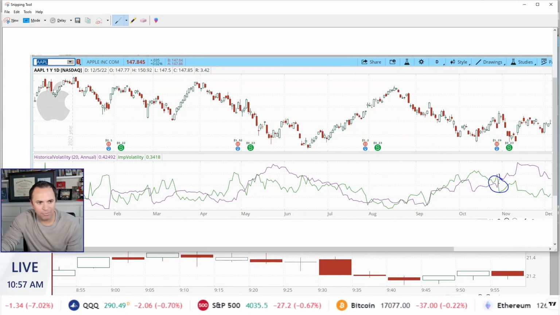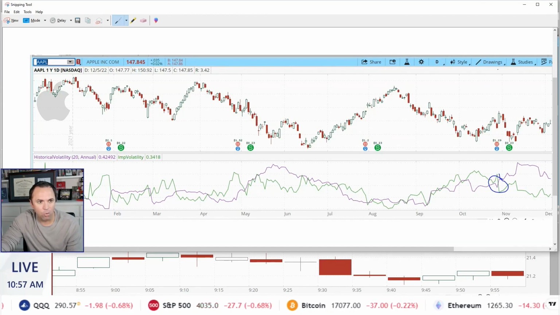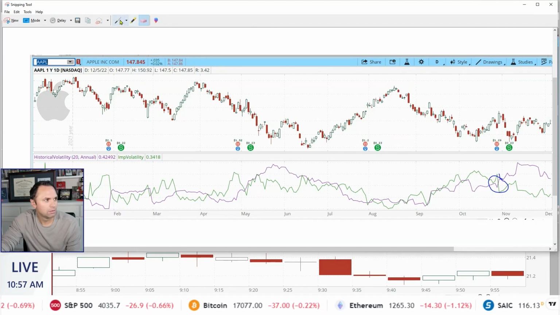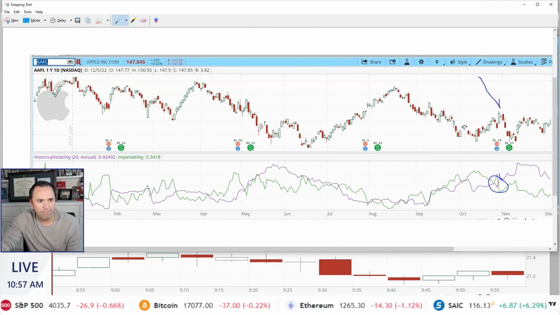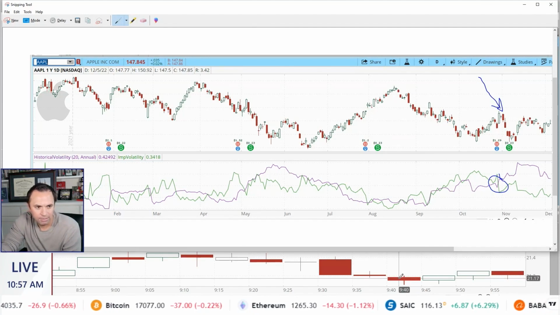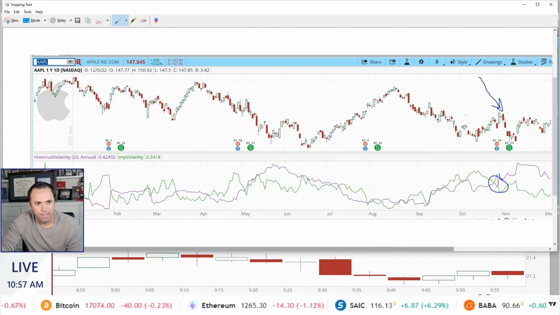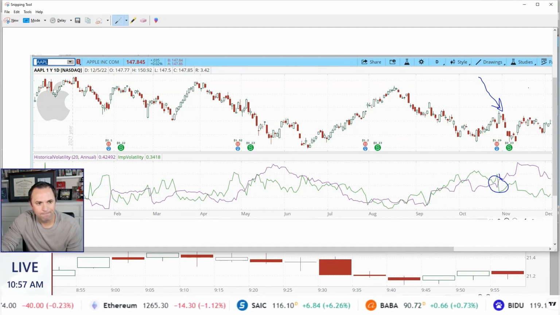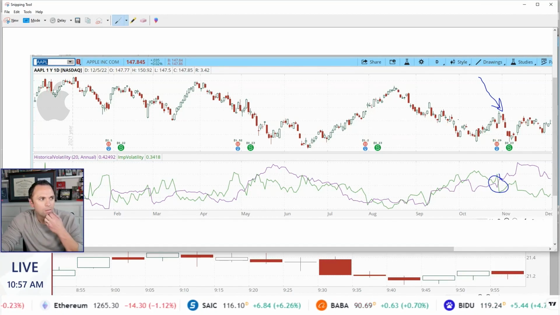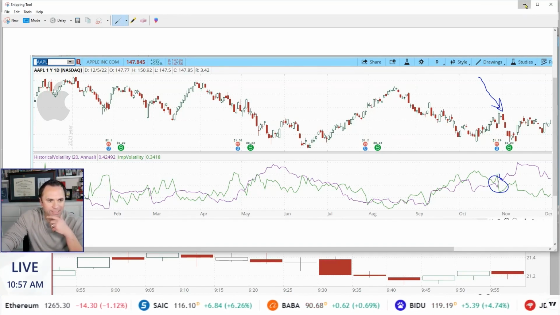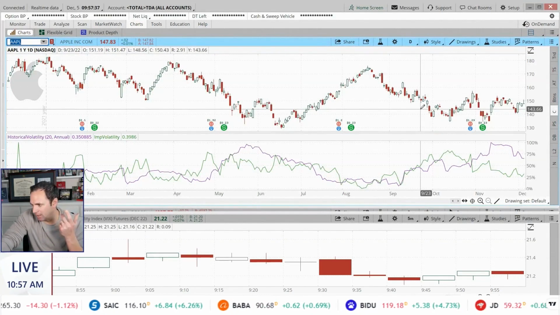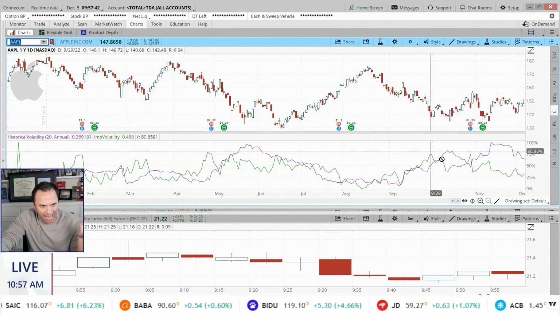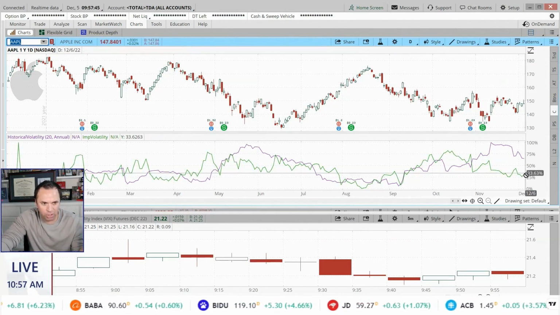So if I bought a put on Apple right here, a little bit off, if I bought a put on Apple right here, did I make some money? That's the crazy thing. Right now, options are cheap in Apple because Apple is moving a ton and they're not charging you a lot for options.